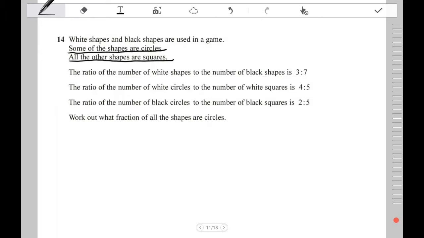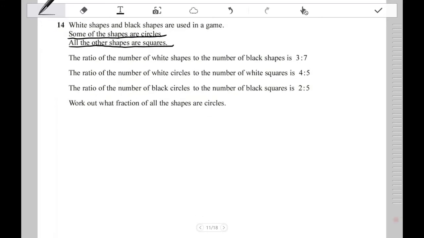Okay, so let's break down each of these ratios into fractions first of all, just so that they're easier to deal with. If they're saying that the number of white shapes to the number of black shapes is 3 to 7, we can say the proportion of white shapes out of all the shapes is 3 over 3 plus 7.